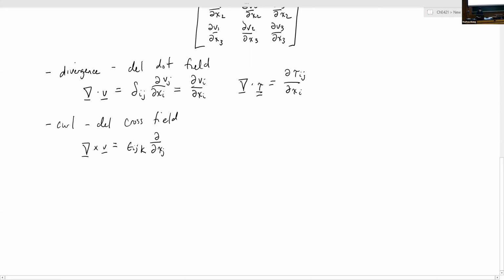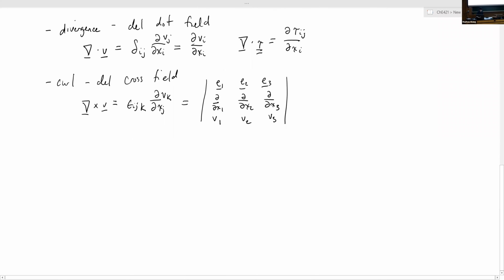That's the first index, and then the next index is this. Right? And of course, we're used to thinking about curls in terms of a determinant, and so we can basically do that. This is basically the cross product. That looks like this. Okay, that's the definition of the curl.